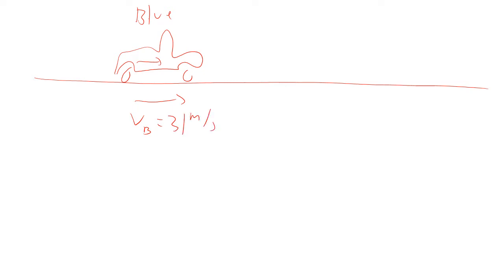In front of the blue car is a white car, and the white car is moving with some velocity, let's say it is 25 meters per second. Okay, and moving in the same direction.